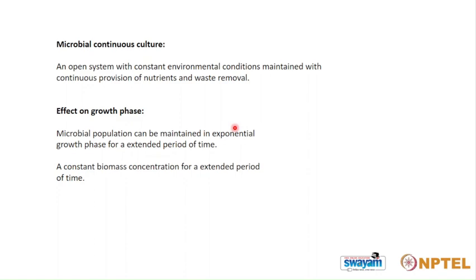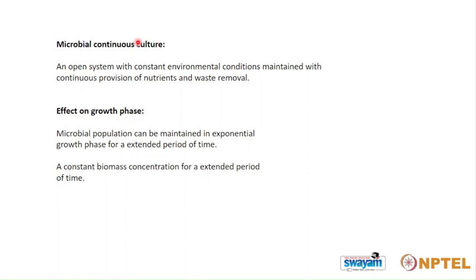So what is the advantage of continuous culture? Continuous culturing is an open system, contrary to the closed system, the batch system, we discussed previously. How does continuous culture come under an open system?